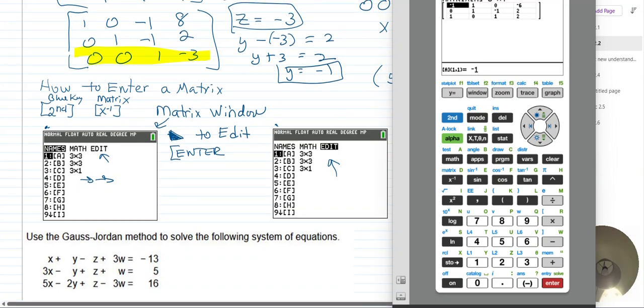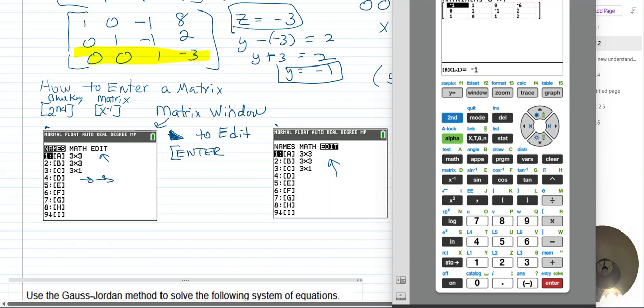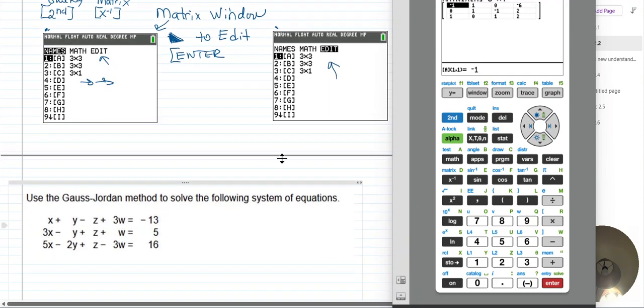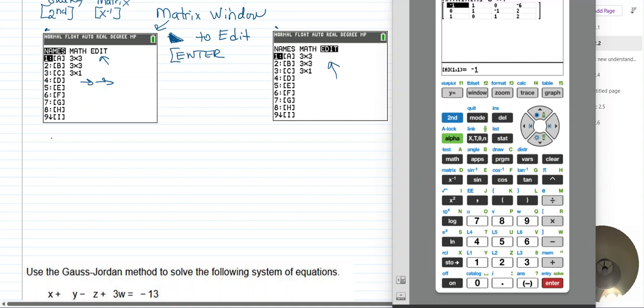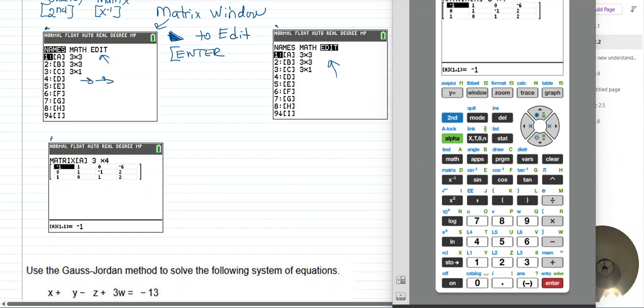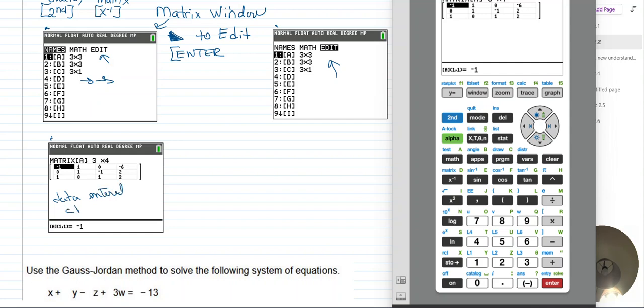Make room. So this is when the data is entered. And you check visual. Now you want to get on the home screen.